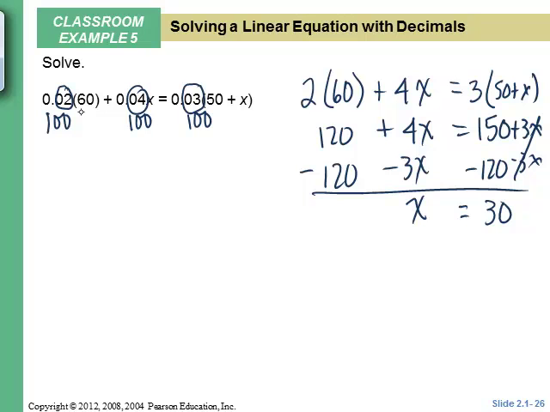So 0.02 times 60 is 1.2. 0.04 times 30 is 1.2. 0.03 times parentheses 50 plus 30 close parentheses equals 2.4, which is true.